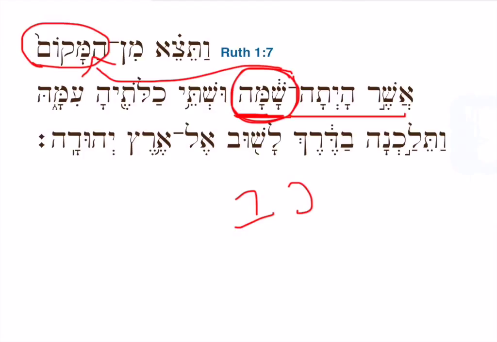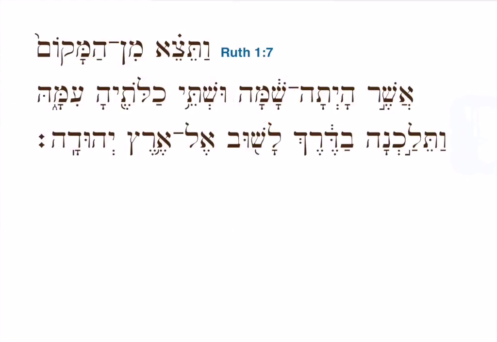But you say here, I don't see a pronoun. Well, if the word that you're modifying is a noun of place, that pronoun can be replaced with shema, which means "there."